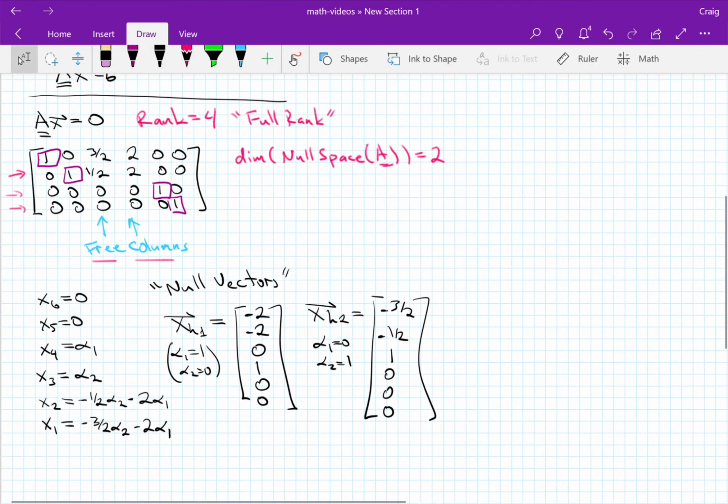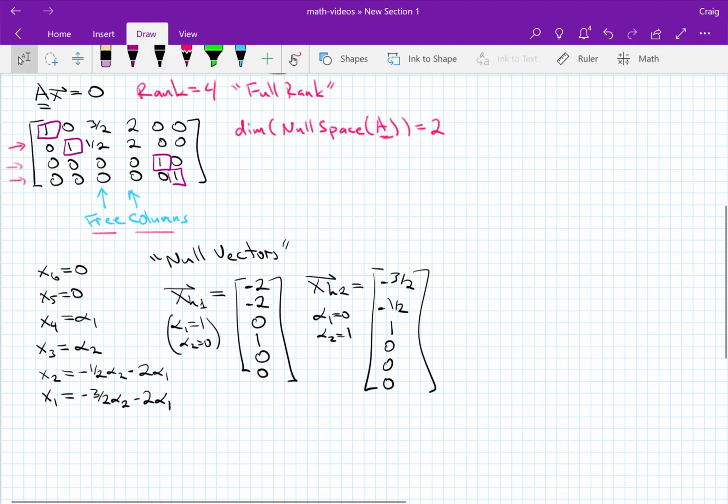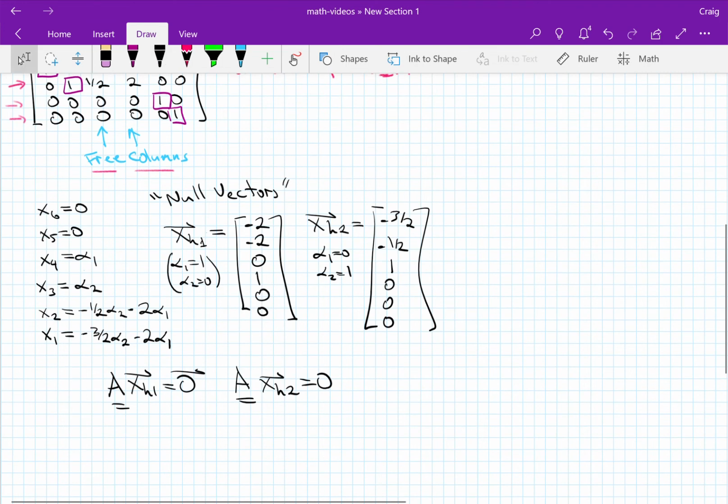both A on x homo 1 is equal to 0 and A on x homo 2 is equal to 0. You can verify that they're independent of each other.